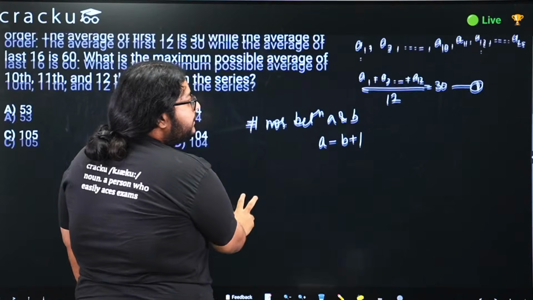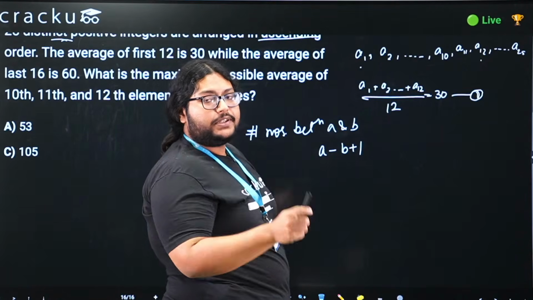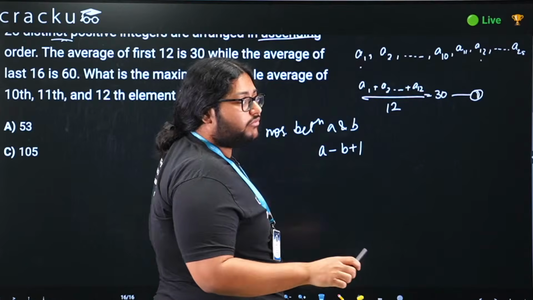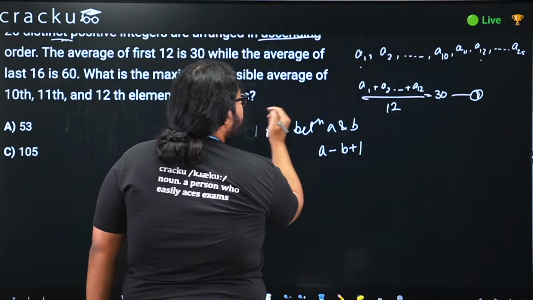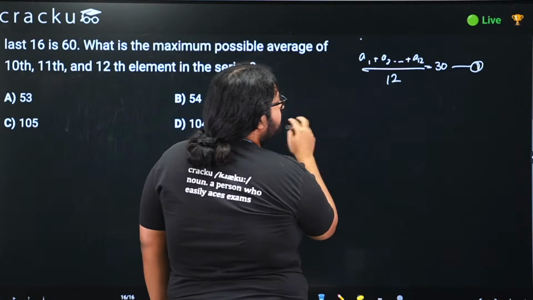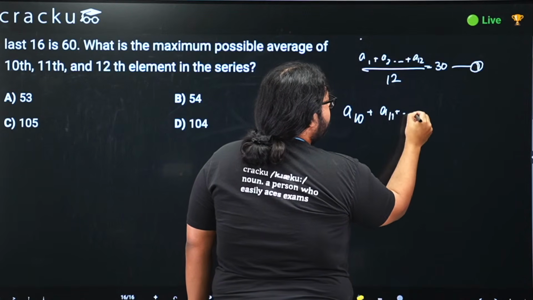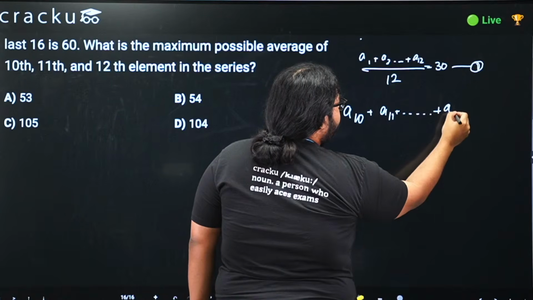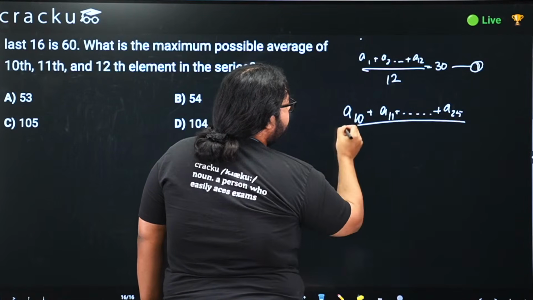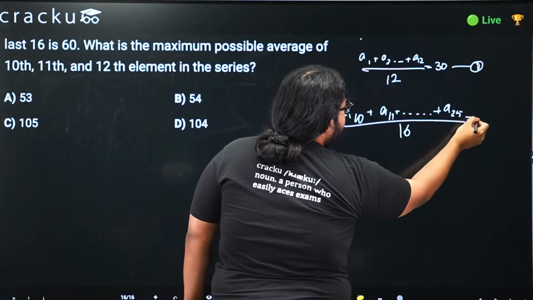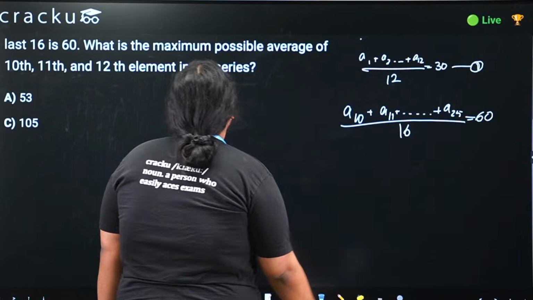So from A10 to A25, 25 minus 10 plus 1 gives me 16. So A10 plus A11 all the way up to A25, the last 16, divided by 16 should give me 60.